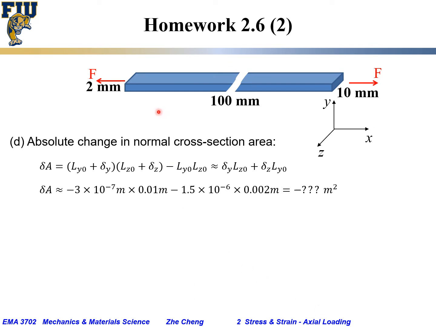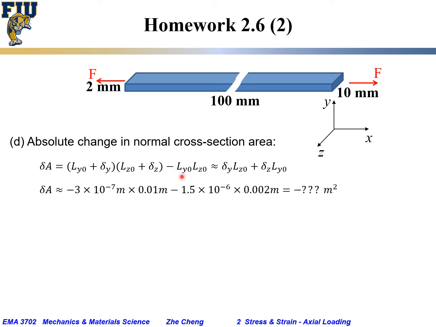Finally, for the absolute change in the sample's normal cross-section area, the cross-section area that is perpendicular to the longitudinal axis, or to the x-axis, delta A, I would write as the final cross-section area minus the initial cross-section area.